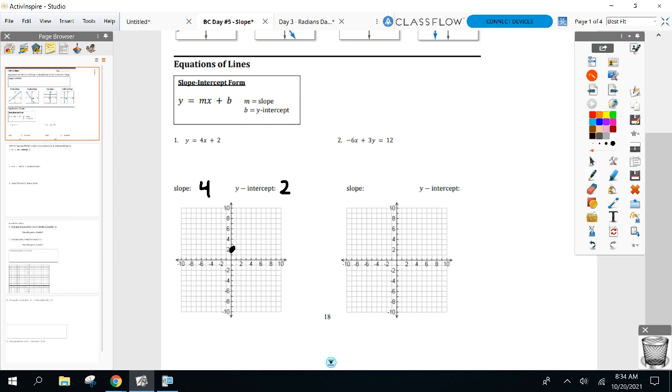Now I use the slope to find a couple more points. How? If the slope's 4, where do I go here, Grace? It's 4 over 1, so up 4 over to the right 1. Okay, thank you. When you say over, it's got to be to the right. So I go up 1, 2, 3, 4 over 1. I'm using rise over run to find a couple more points. You only need 2 points to form a line.